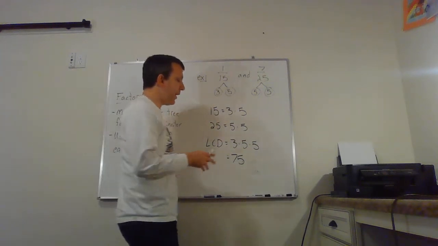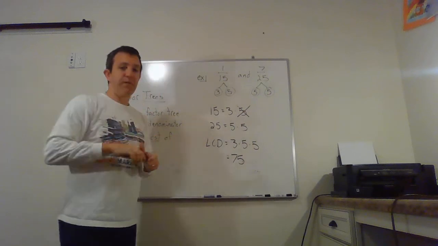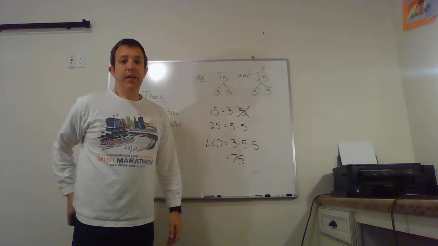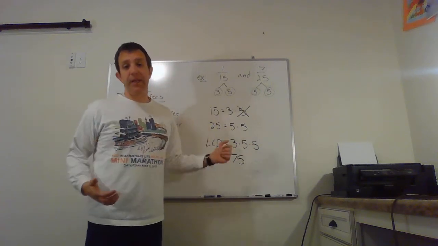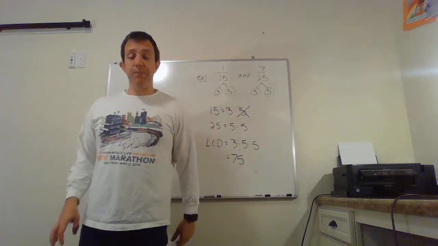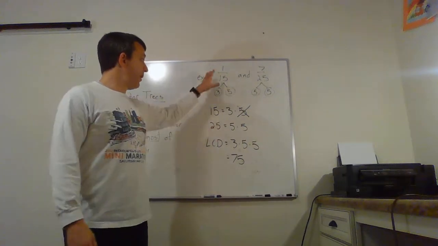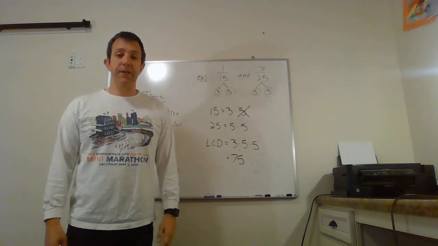I'm really not even using this third 5. It's not part of what I need. Okay, so what do I get? 3 times 5 times 5, if you multiply that out, gives you 75. And 75 is divisible by both 15 and 25. So there we go. It's a common denominator.